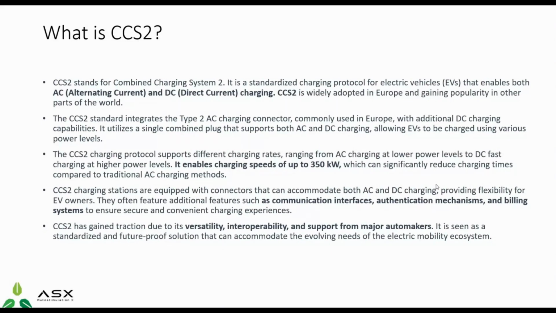The CP and PP are the wires for communication, control pilot and proximity, so it is like a two-wire protocol. CCS2 also gives versatility and interoperability. India is going towards CCS2 charging.